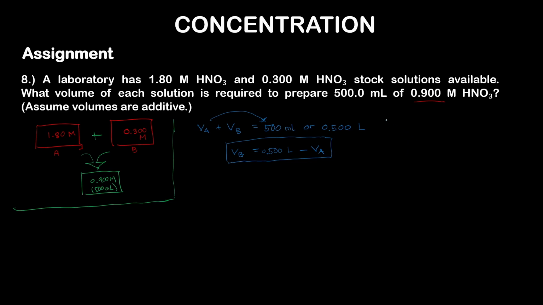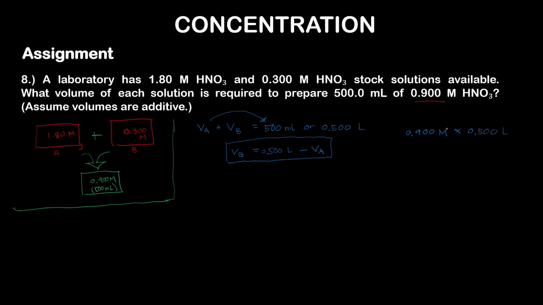Now let's relate this to the moles. We were given the molarity of the final solution. So it is 0.900 molar, and we have 500 ml, so this would be 0.500 liters.